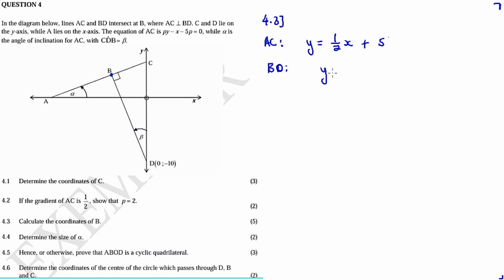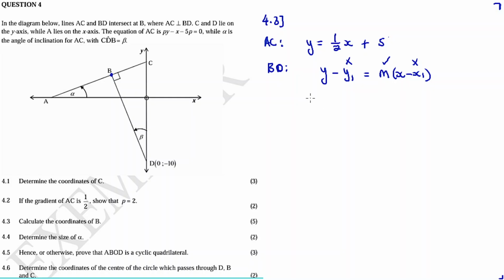Remember, we use this equation in getting an equation of any line. I want the equation of BD. I need a coordinate to substitute y1 and x1, and also the gradient of BD.